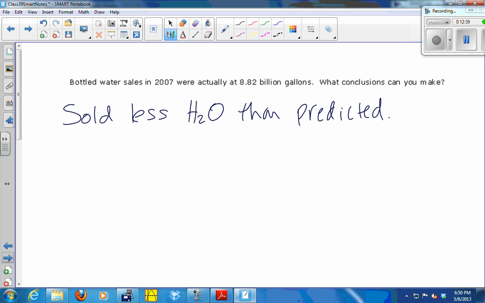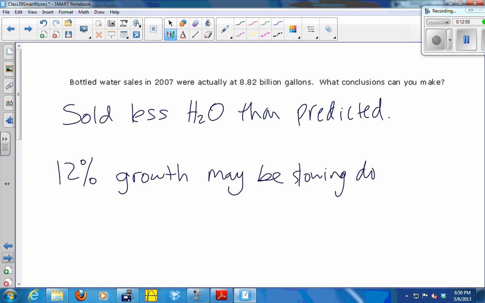Okay, so in fact, probably the 12% growth rate no longer holds, right? So 12% growth may be slowing down to some smaller percentage. So I suppose that's good news.